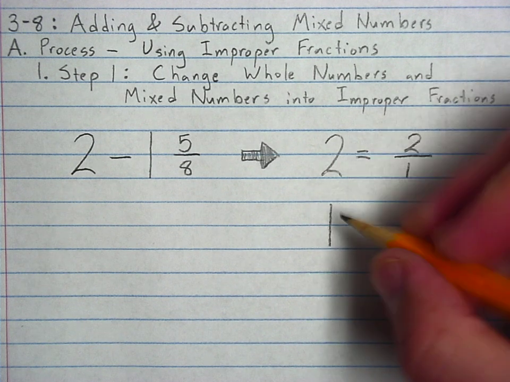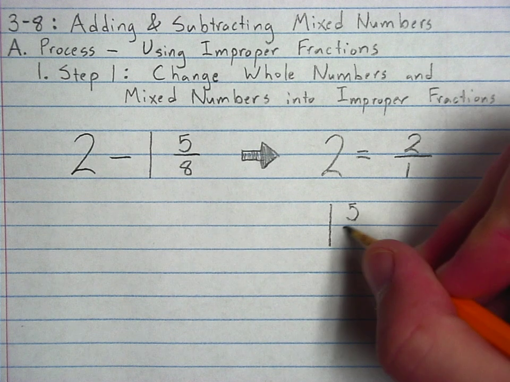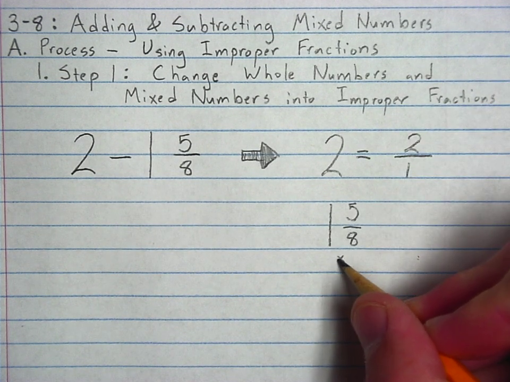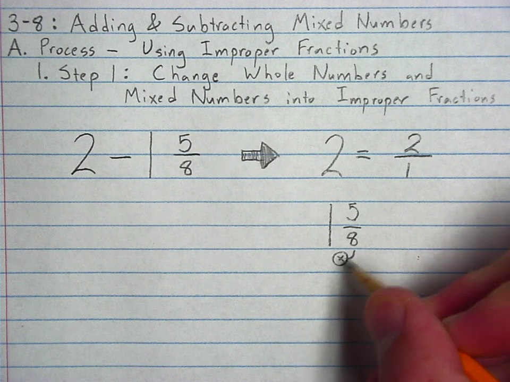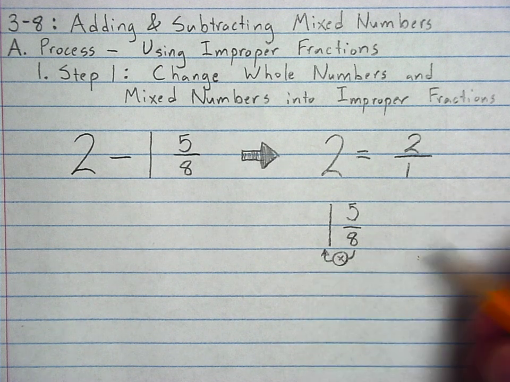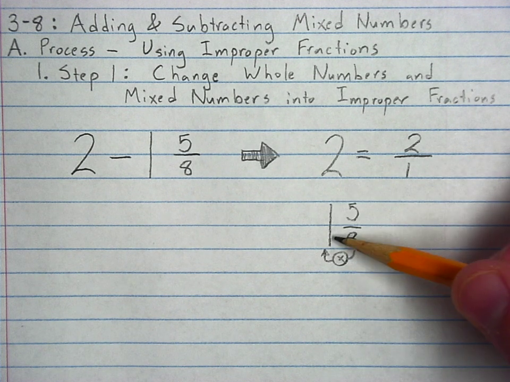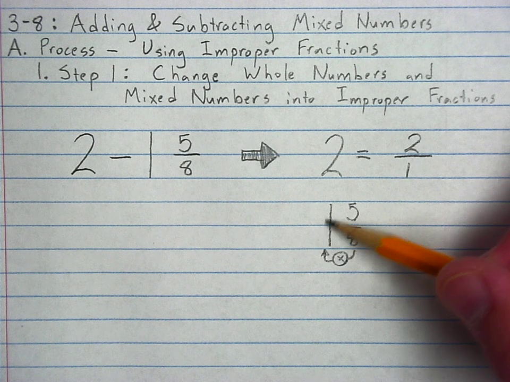Now, our mixed number, I don't want to say is any harder, but there is a little bit more to it. If you remember, we're going to multiply across the bottom. So 8 times 1 is 8, because my one whole is made up of 8 pieces.